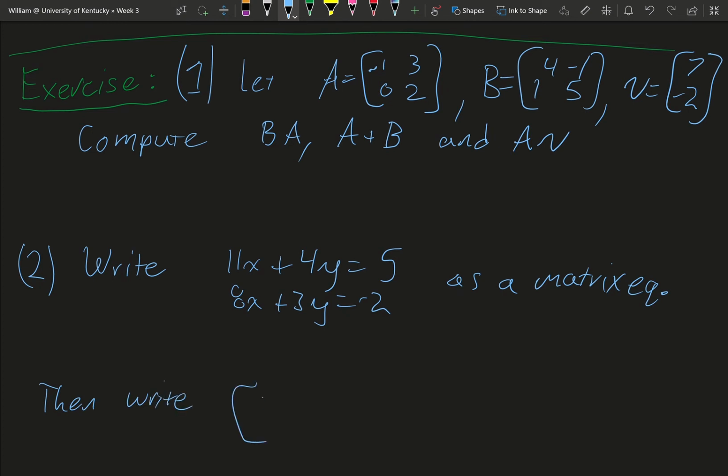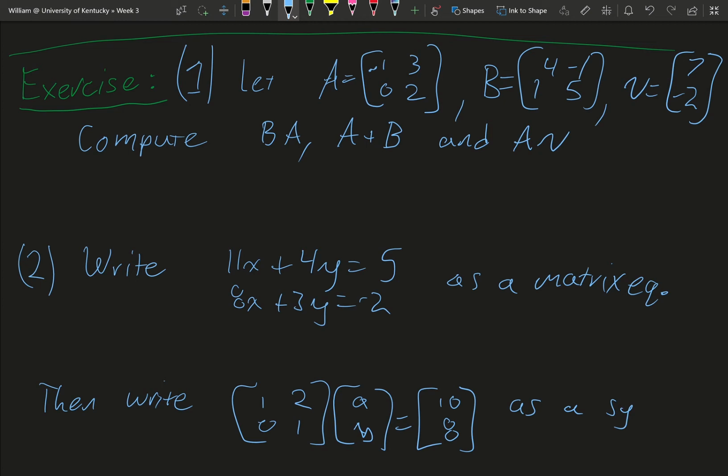Then write [1, 2; 0, 1] times [a, b] equals [10, 8] as a system of equations.